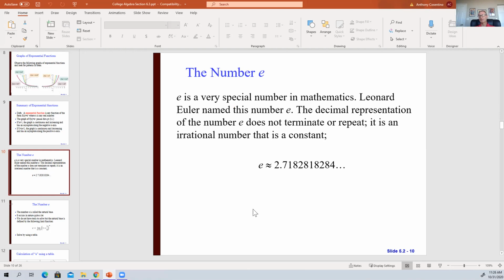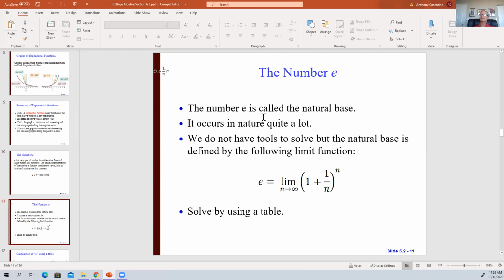And this actually comes from a crazy looking equation that looks like this. And how do you solve this? Well, to solve it in closed form, you would have to do a little bit of calculus. I believe it was called L'Hopital's rule. And those of you going into calculus, I think you learned this in Calc 2.